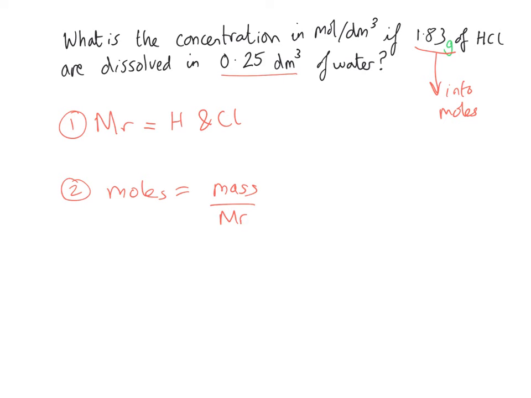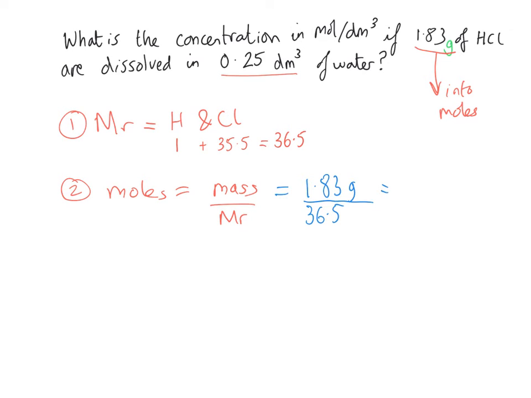Hydrogen has got a relative atomic mass of 1. Chlorine has got a relative atomic mass of 35.5. And we just need to add those two together and we get 36.5 is the relative formula mass of hydrochloric acid, hydrogen chloride.